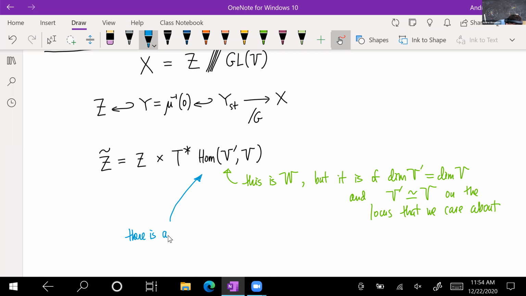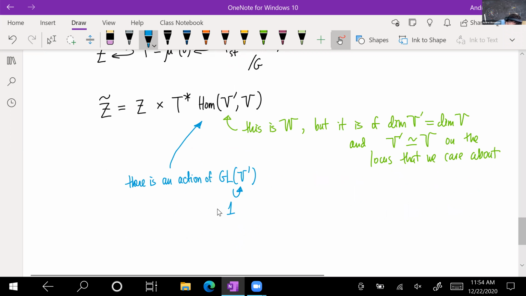There is an action of the whole group GL V prime, and then inside that group maybe we'll choose one particular group, just the scalars, U times 1 V prime. So these are scalars. That would be particularly important for us.